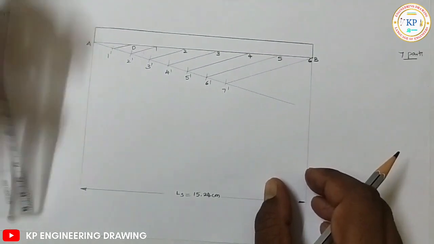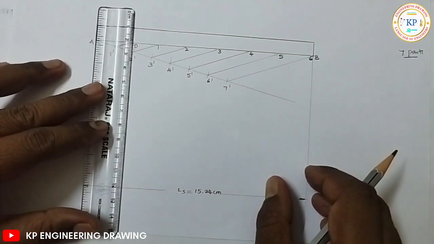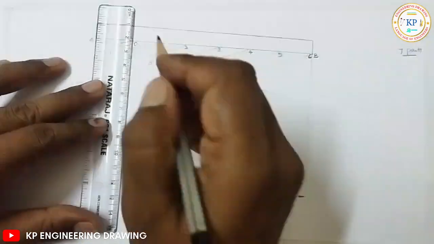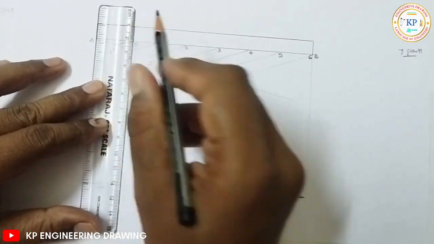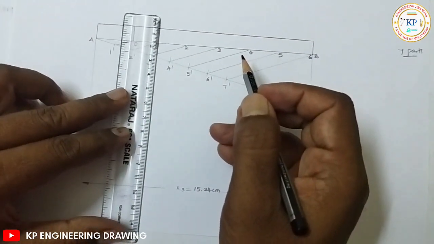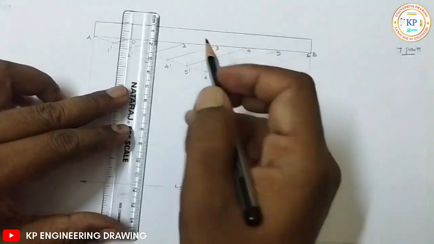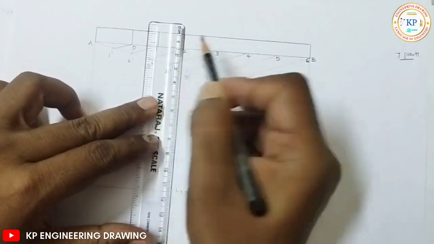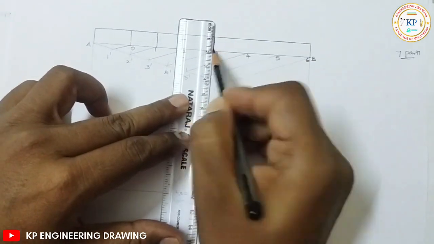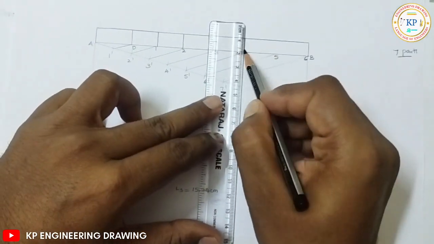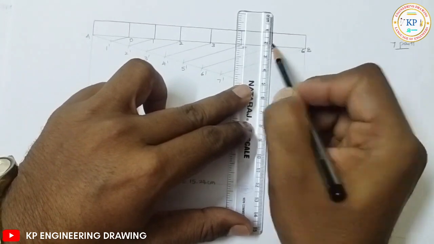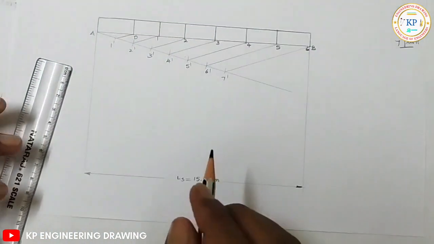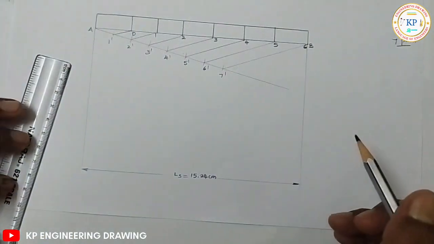Now you draw all vertical lines, that is from 0, 1, 2, 3, 4, 5 and 6. Okay, so this is the foot scale.